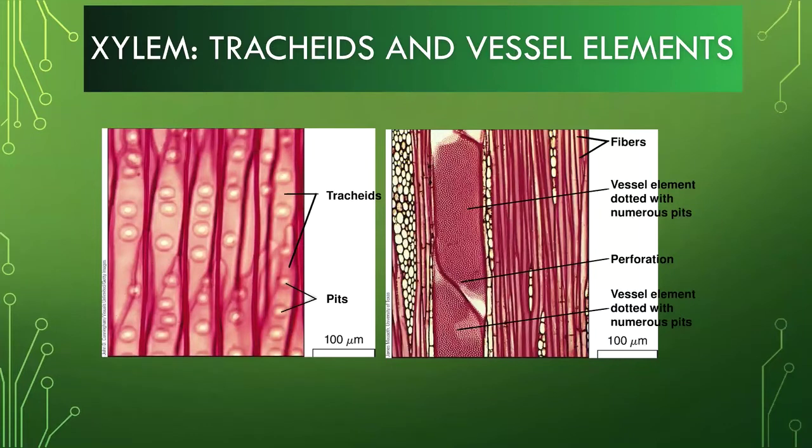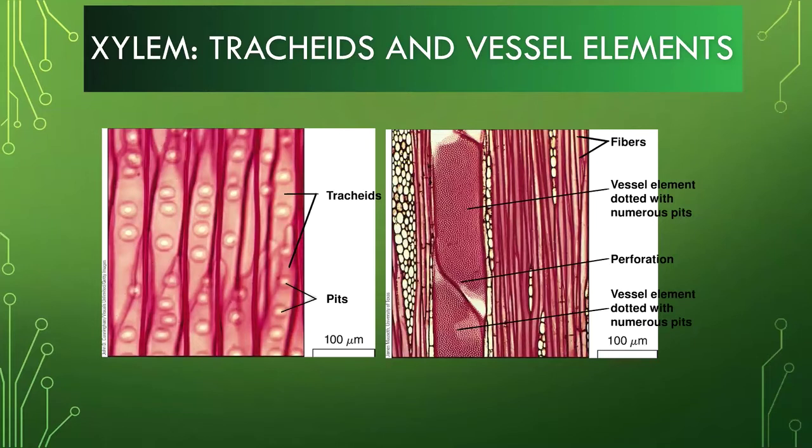Okay, you can see vessel elements on the right side. Vessel elements are found in angiosperms, and they conduct water. They form the xylem of the angiosperms. And they are also dead at maturity.